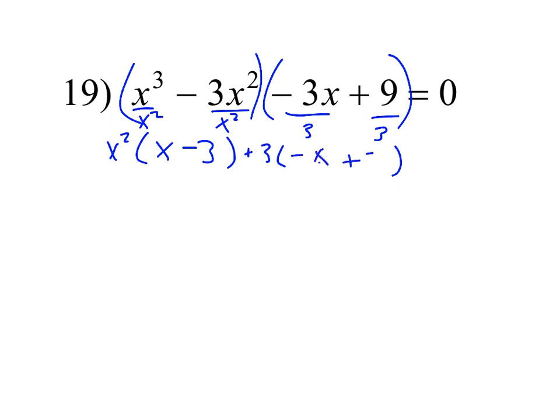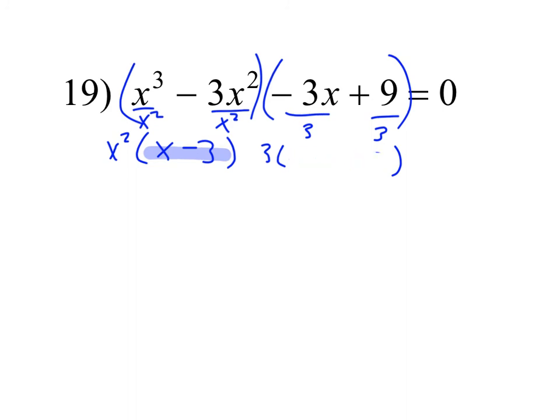Are the parentheses the same thing? No. So we want to take out a negative 3 here, because that would give us the same thing on the inside.